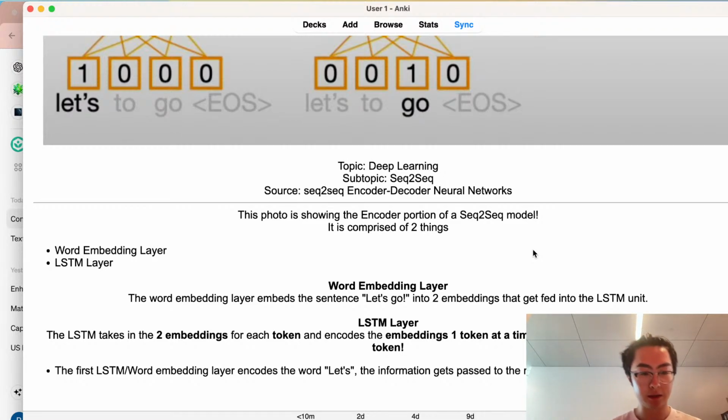The word embedding layer embeds the sentence "let's go" into two embeddings that get fed into the LSTM unit.